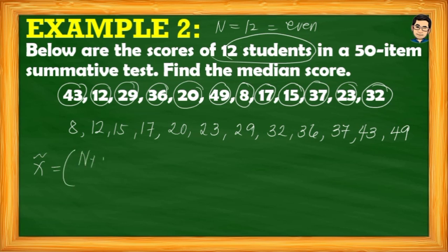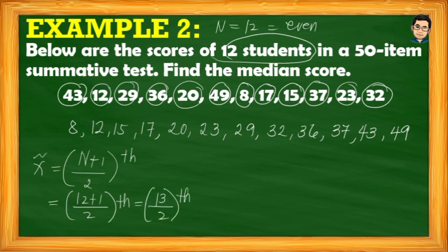So, n plus 1, so 12 plus 1, that is 13, diba? 13 over 2, so that is 6.5. Okay. So, yung 6.5, nasa gitna po siya ng 6th and 7th score.